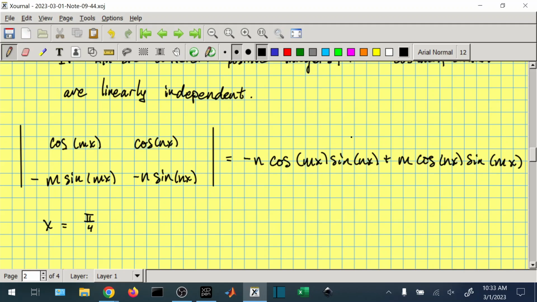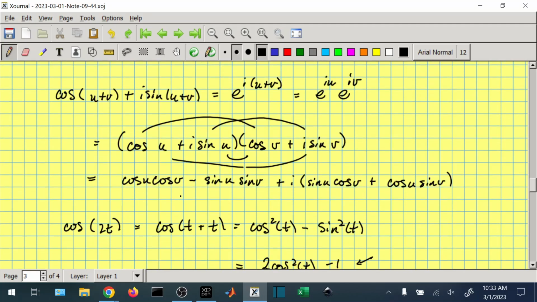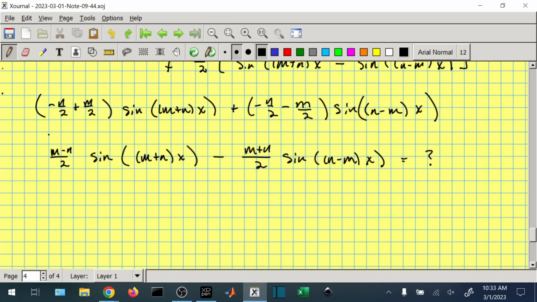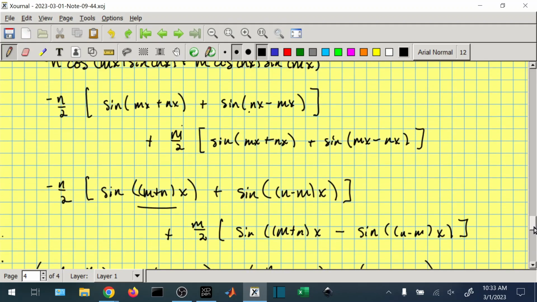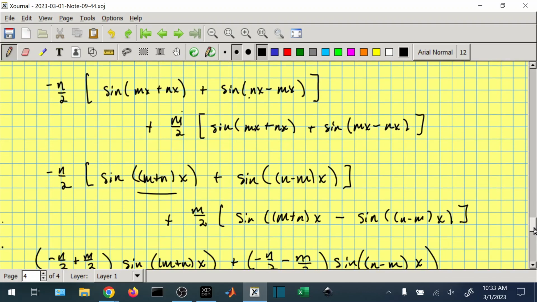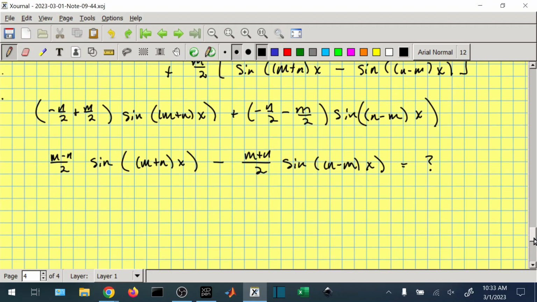Now see, it wasn't as easy to see here, but it's much easier to see here. Because m plus n is just an integer, right? And m minus n is just an integer. Did I get the minus signs right? Did I make a minus sign mistake somewhere? I don't think so. All right. Looks right. Yeah.